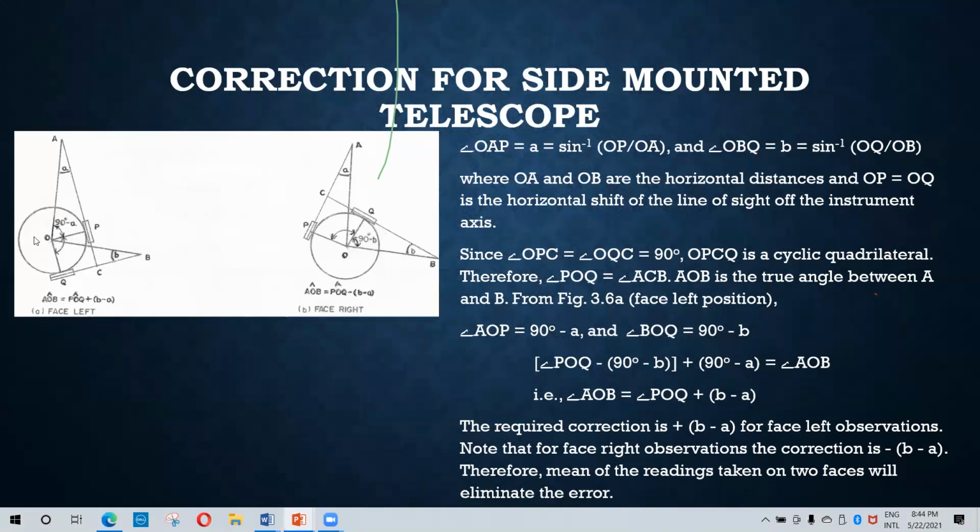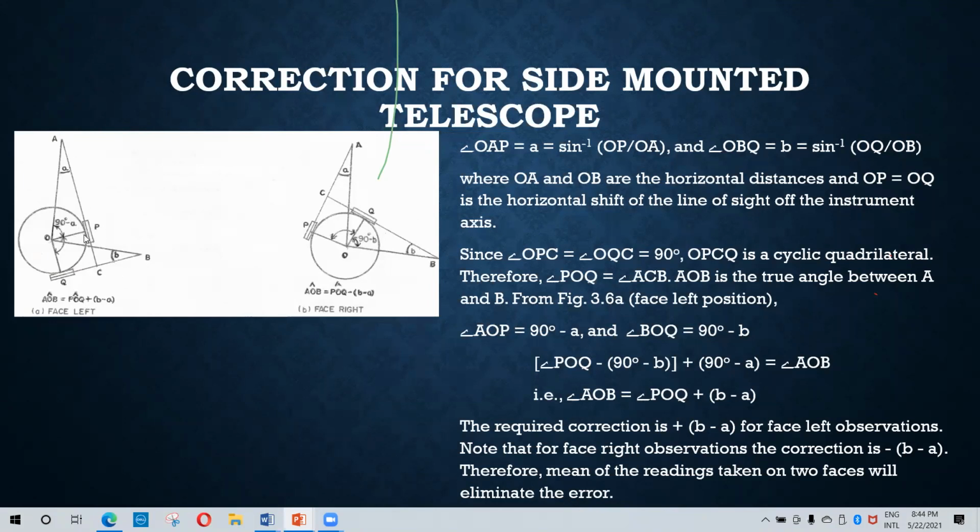Now, if you look at this, we are talking about side-mounted telescopes. If you're going to do the reading with the auxiliary side-mounted telescope, you will first target A here, and next you will target B here.